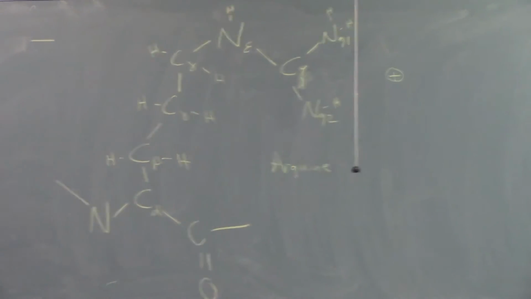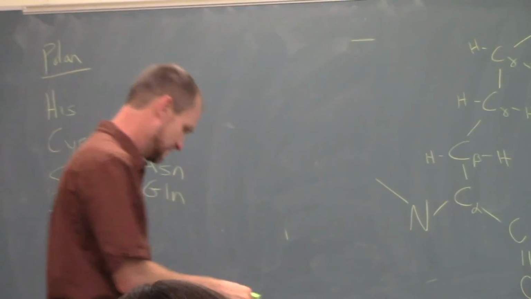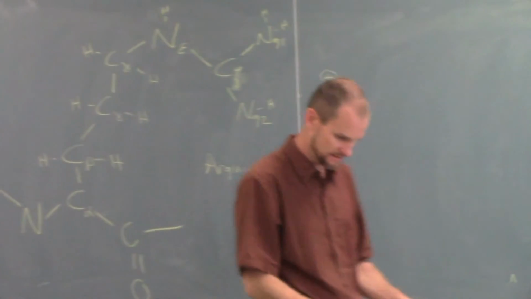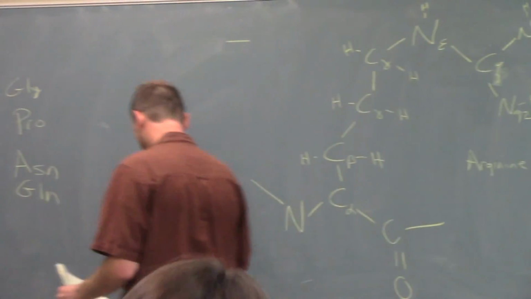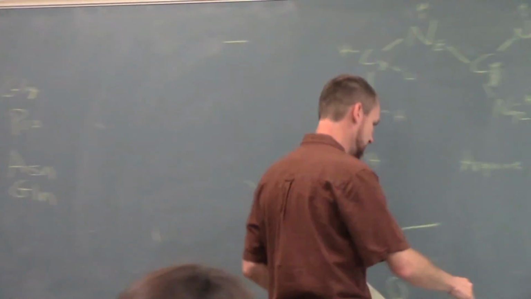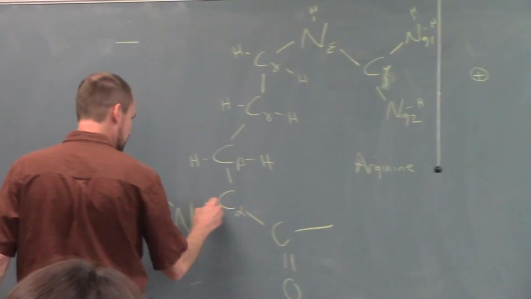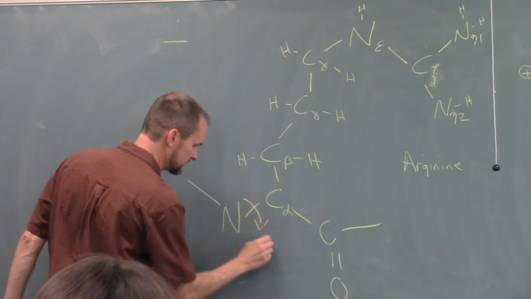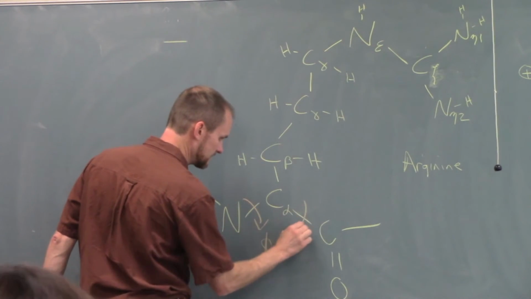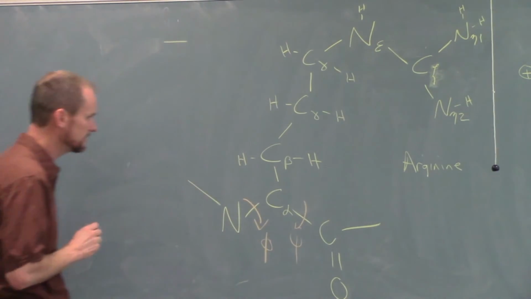With most amino acids, we won't need that many letters, but we have a nomenclature to talk about this. What else? We have some angles. We call this angle phi, and this angle psi.